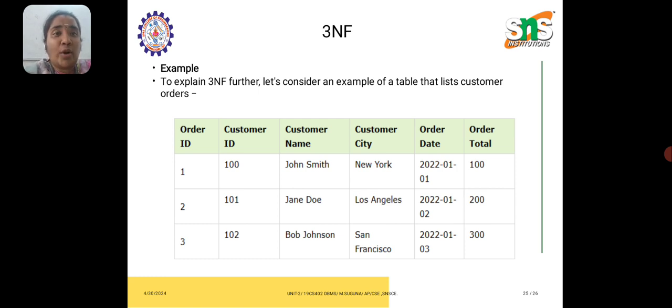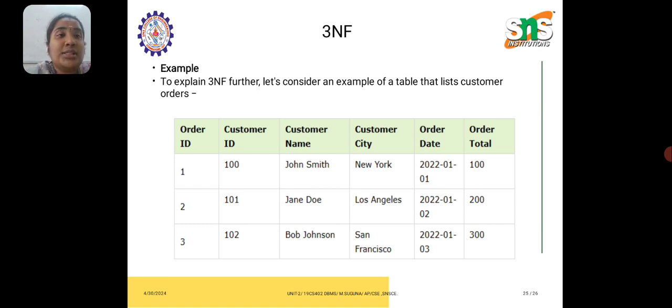To explain the third normalization form further, let's consider an example of a table that lists customer orders. The columns given here are order ID, customer name, customer city, order date, and order total. The order ID differs for all three as 1, 2, 3. Customer ID also differs with 100, 101, and 102. Customer name differs with John Smith, Jane Doe, and Bob Johnson.